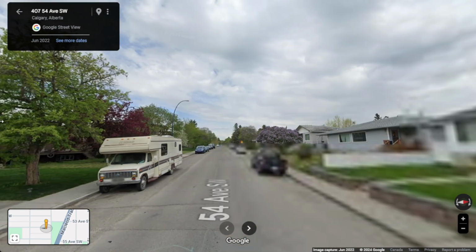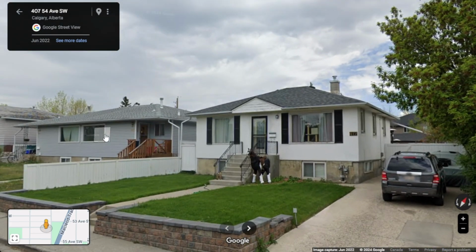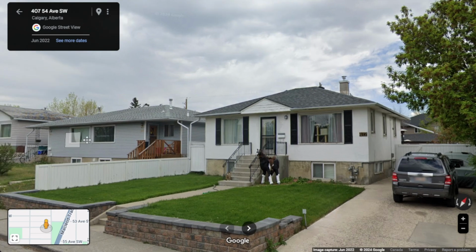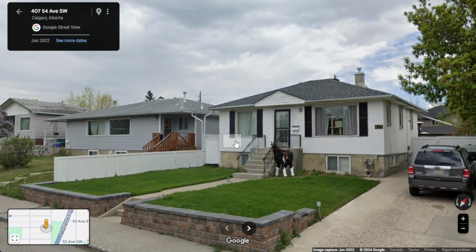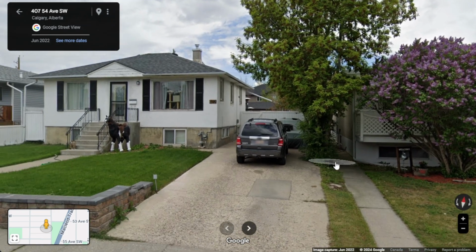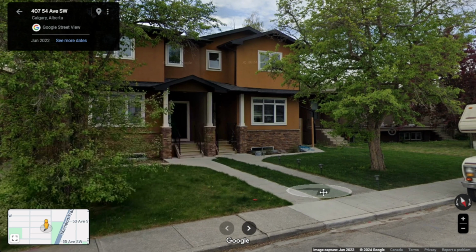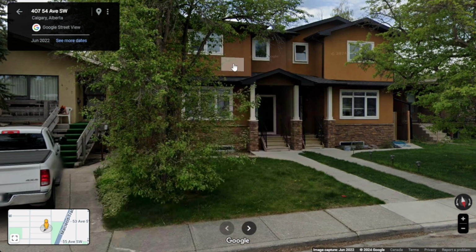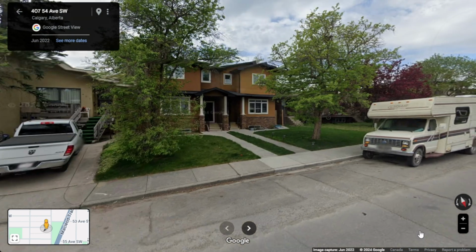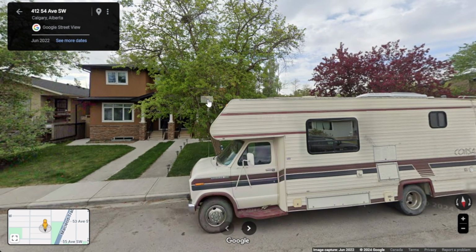This is an infill. This is what the houses here used to look like, the original ones. But people will buy this lot, which goes from here to here, tear down this house, and put up something that looks like this. Now you have two houses, so you can either rent double, or you can sell them both off.